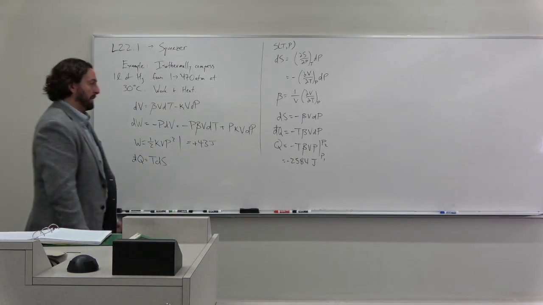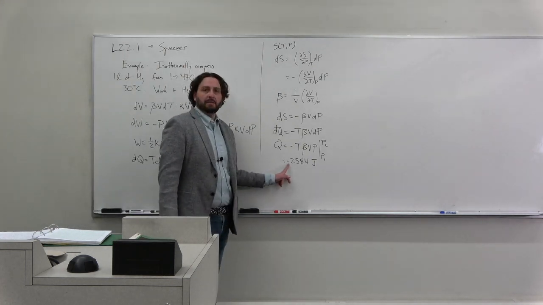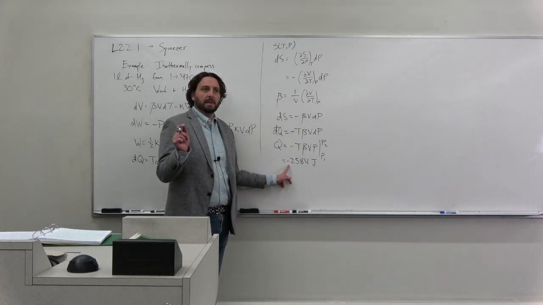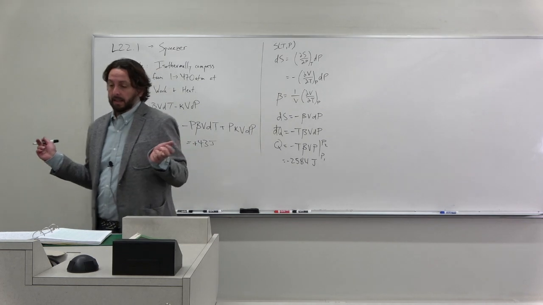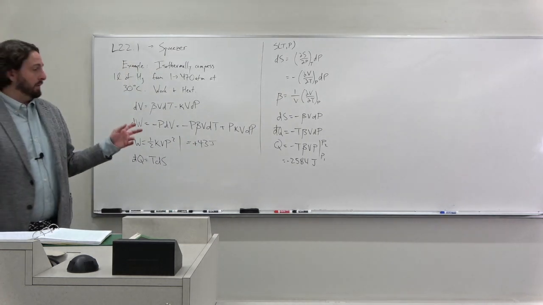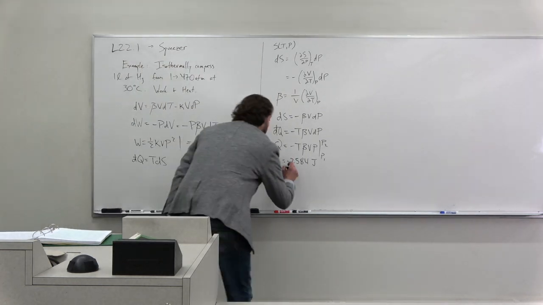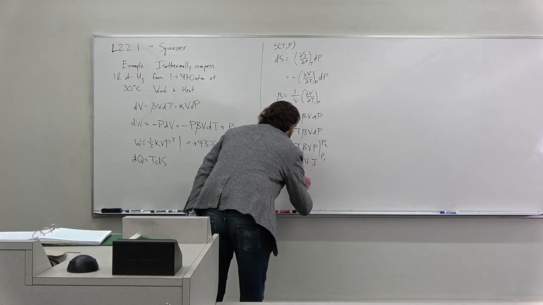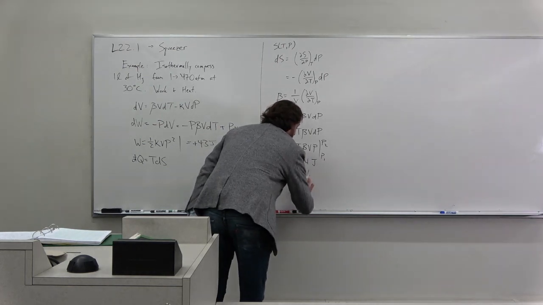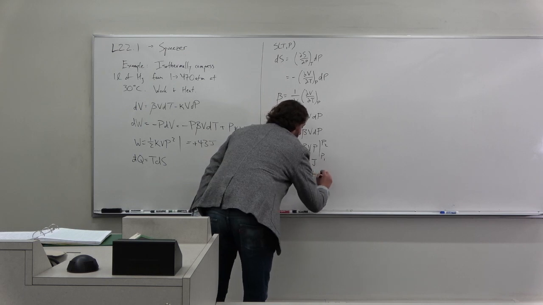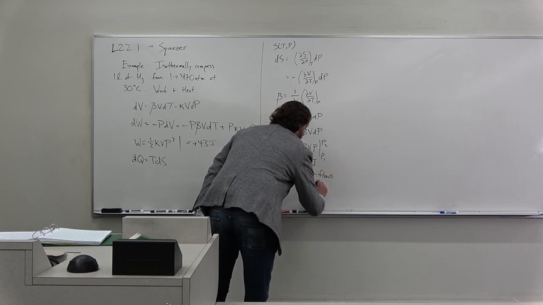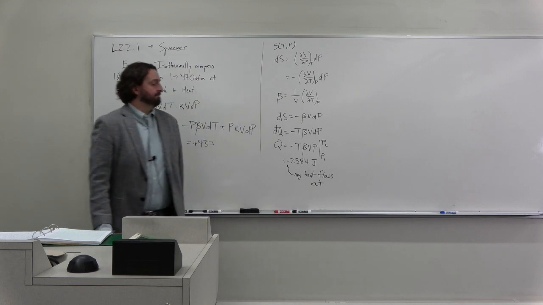All right, so a couple of points: this was negative. And since it's negative, that means that heat is flowing out of the system, right? Negative heat flows out. Heat is ejected from our system.